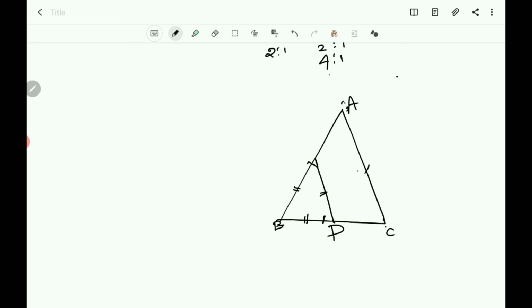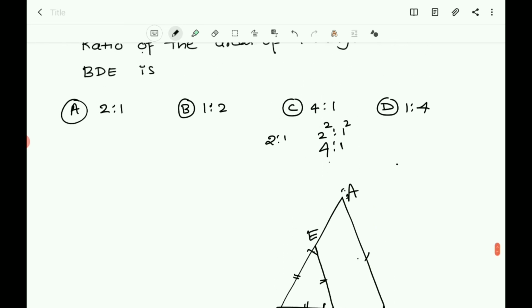So naturally, as both of them are equilateral triangles, their corresponding sides are proportional and the corresponding sides are in the ratio 2:1, and their areas will be in the ratio 2 square is to 1 square, that is 4:1.